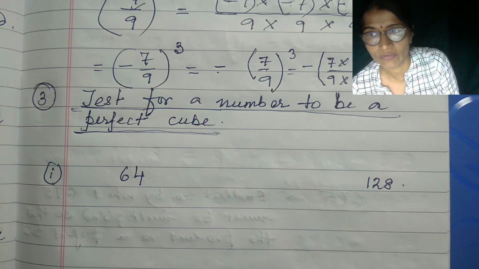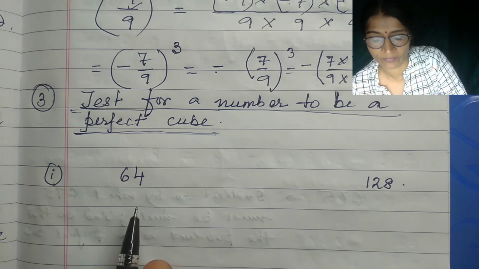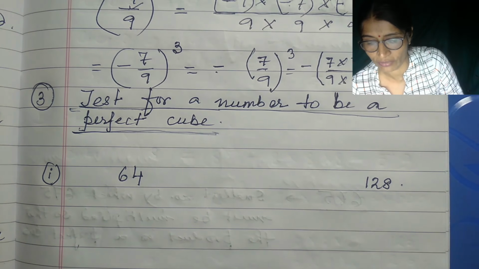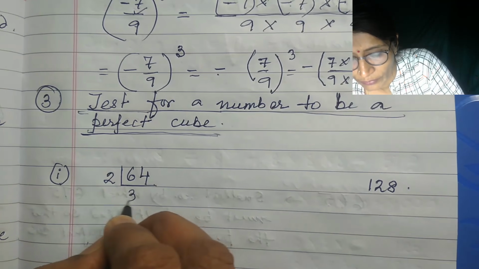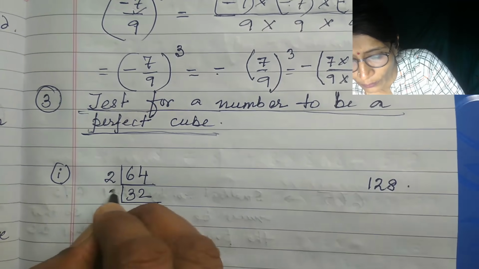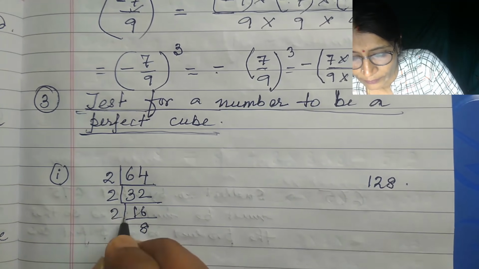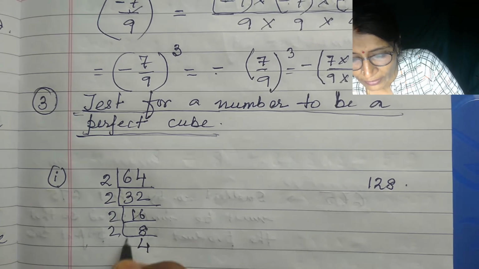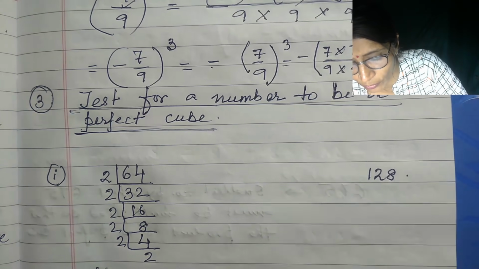For that, what I have to do first is find out the prime factorization of this one. So 64: this is divided by 2, 32, then 2, it is 16, then 2, 8, then 2, 4, and 2, 2. So 64 is equal to, what happens?